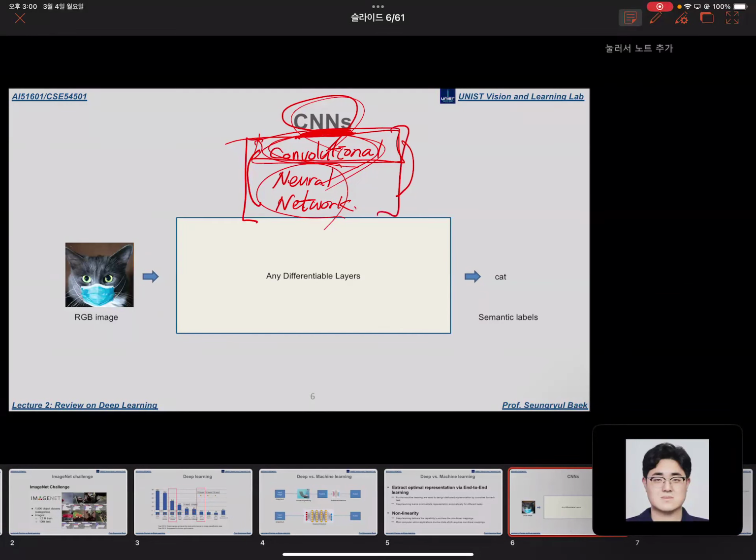Okay. But I mean, this convolution is maybe not the optimal operation for constituting a deep learning architecture. But it is a very useful operation for processing signals, like 1D signals such as speech, or 2D signals such as images. Okay.